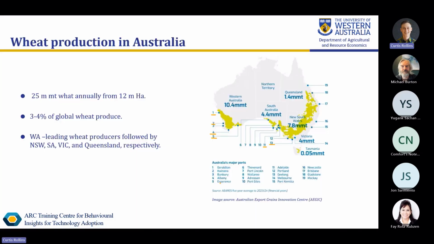So I'll start with a little overview of the wheat industry in Australia. Australia produces about 25 metric tons of wheat annually from 12 million hectares, and it is about 3 to 5% of global wheat produce. WA is a leading wheat producer, followed by NSW, South Australia, Victoria, and Queensland, respectively.